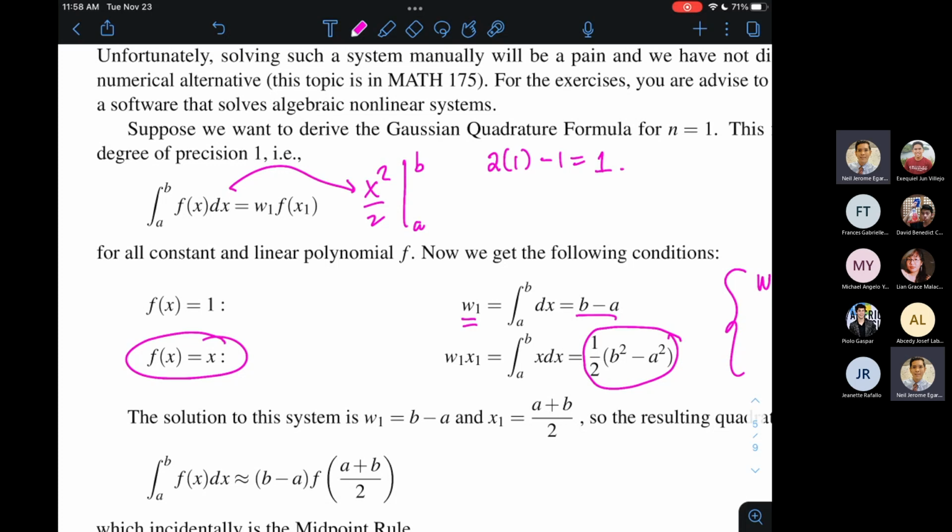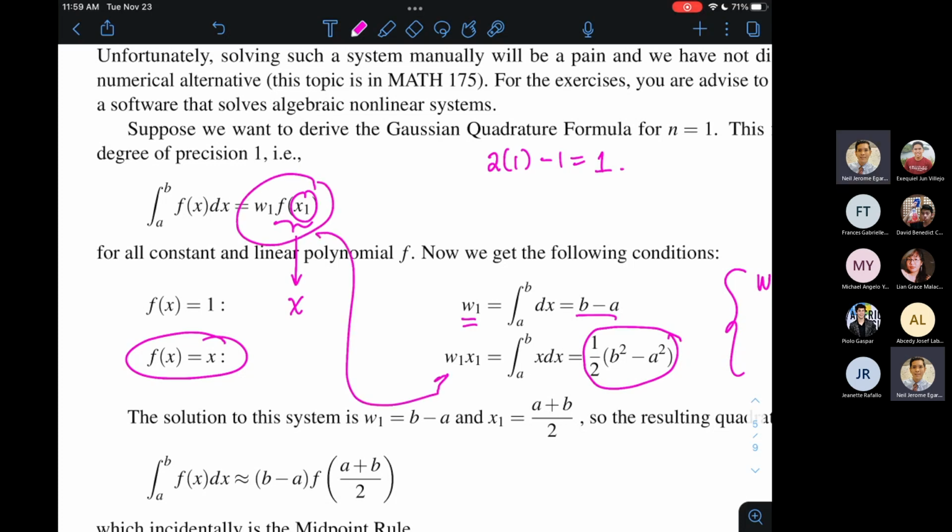All right? Tapos, dapat equal siya dun sa result ng quadrature formula. So dito sa quadrature formula, yung f of x ay papalitan ko ng x, right? So f of x is equal to x, plug in x1, so that will give us x1. So this will give us the right-hand side here, x1 times w1, okay?